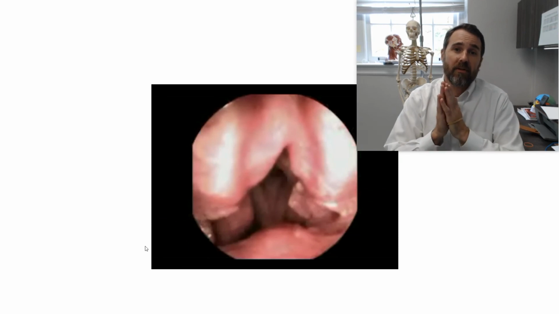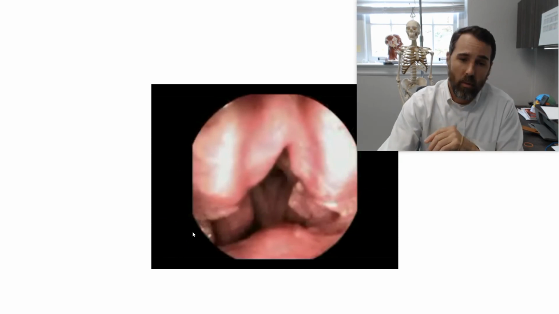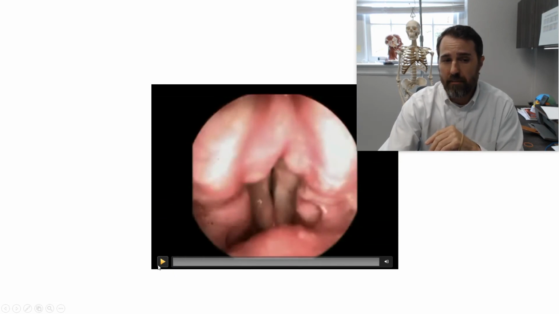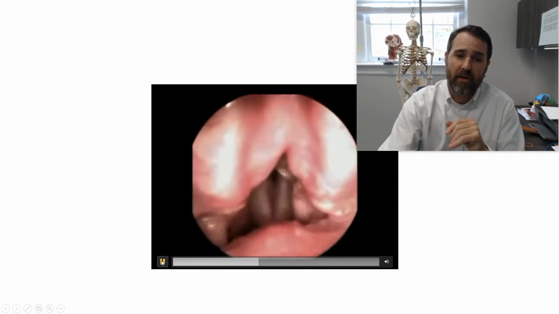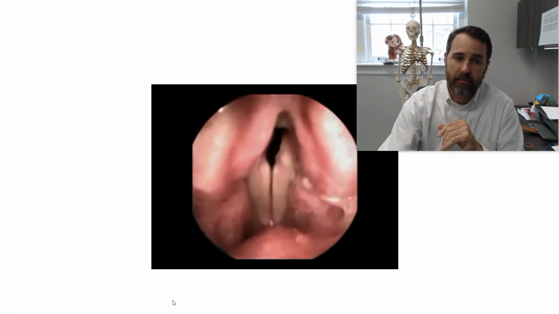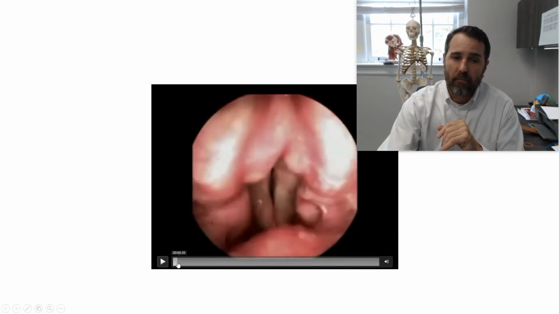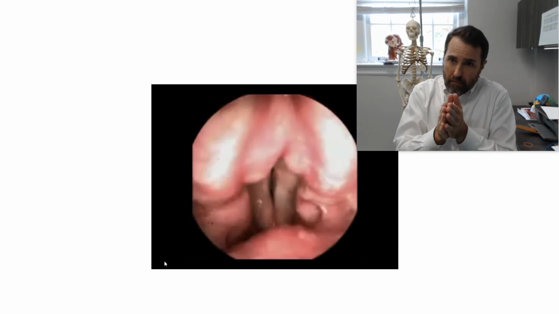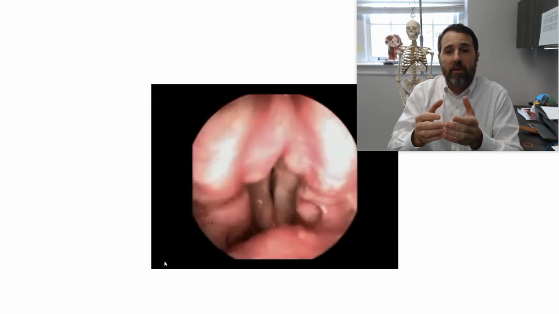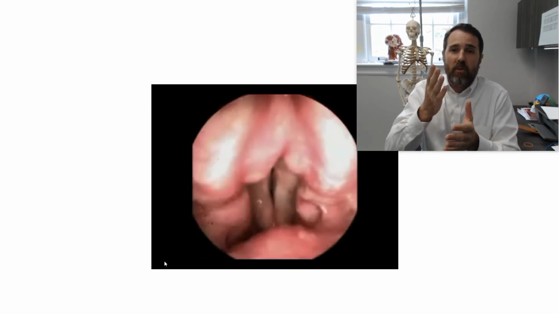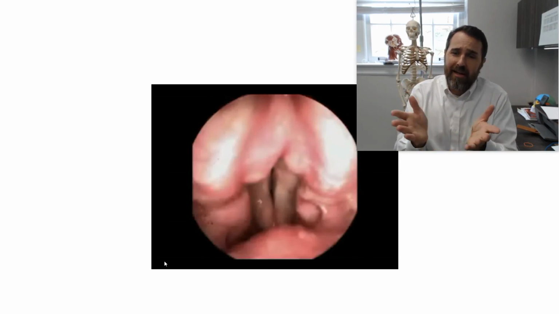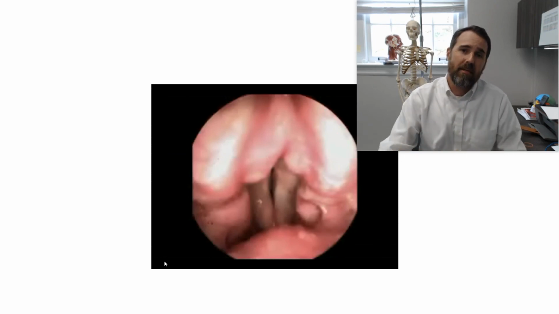They have to be brought together to vibrate. So what we're seeing here is the vocal folds are adducted and vibration is occurring. And what's happening is air pressure below the vocal folds is blowing them apart. Air rushes between them, creating a vacuum because of Bernoulli, and they're being sucked back together. And this is happening hundreds of times per second.